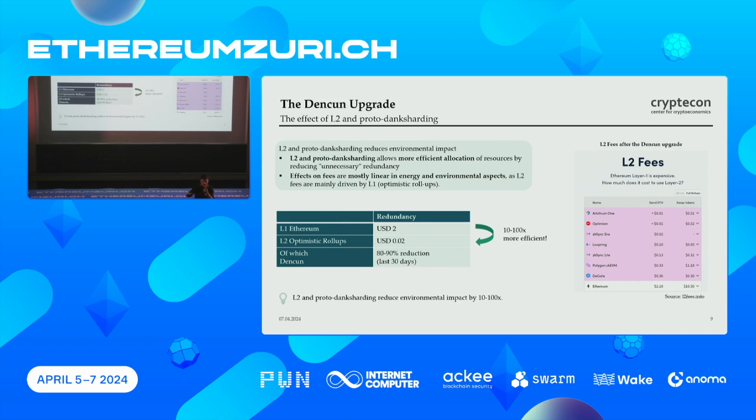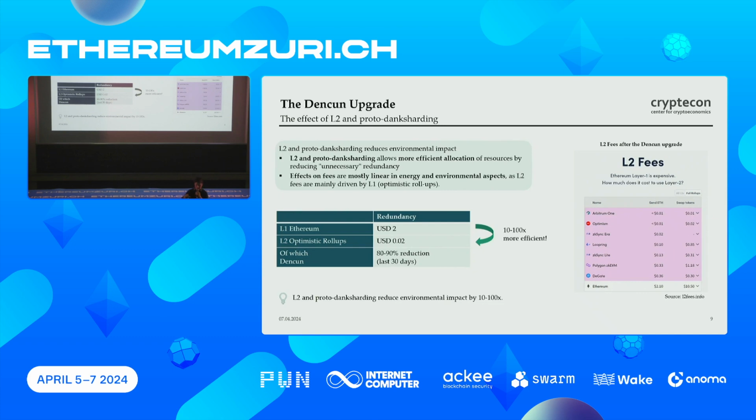For other types of rollups, so for ZK rollups, this ratio is lower. But when we look at L1 and L2 with optimistic rollups, or L2 in general, we can say that basically these L2s make Ethereum 10 to 100 times more efficient today.